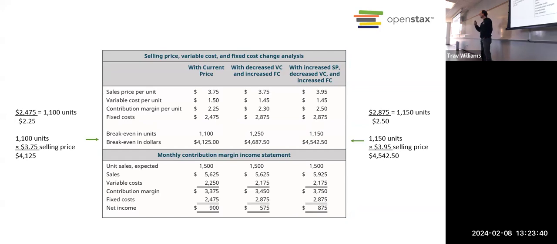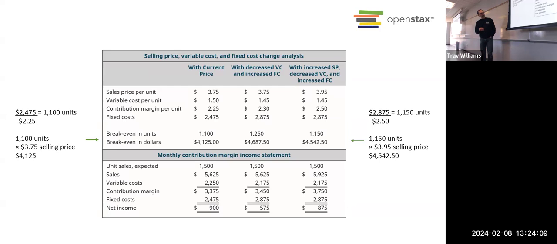Okay, here we've got 3 columns, right? The current situation. Here we've got the variable costs going down and fixed costs going up. And here, same changes, but we're adding into that an increased sales price. We have 3 new things going on in that column. Well, again, you can just follow through step by step and see how it all impacts.